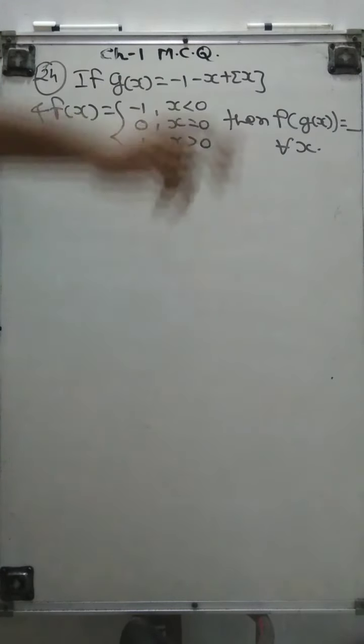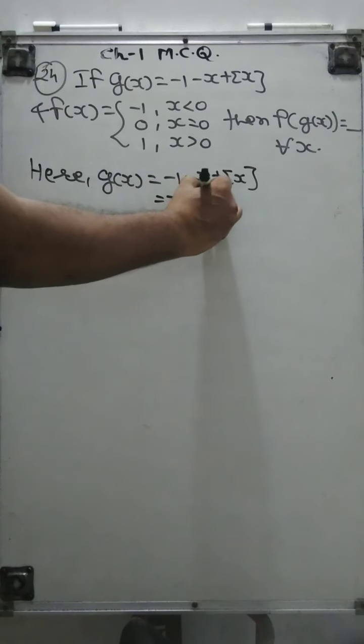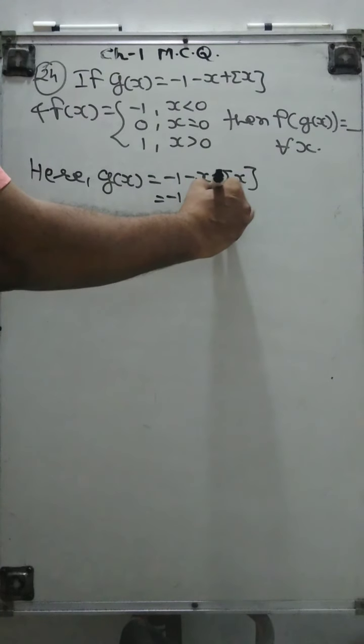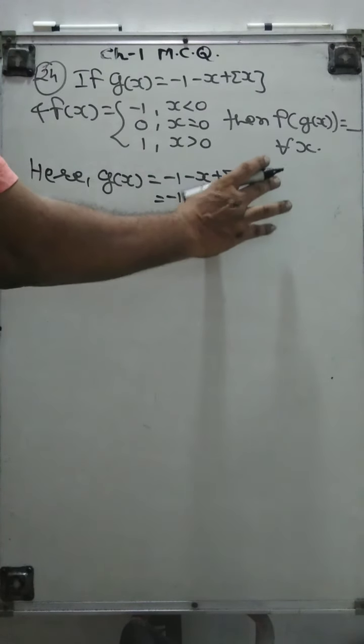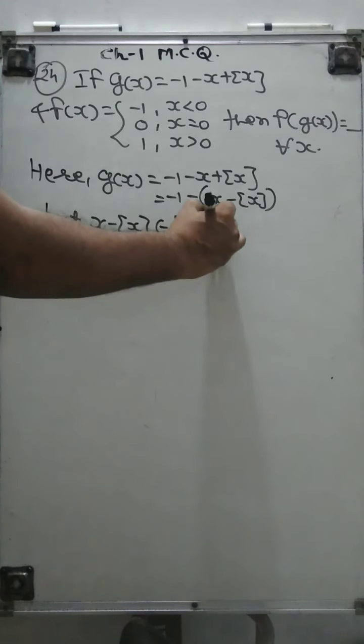So first of all, g(x) = -1 - x + [x]. Taking the negative sign common, we have x - [x] there. So when we put x - [x], it is always between 0 to 1.